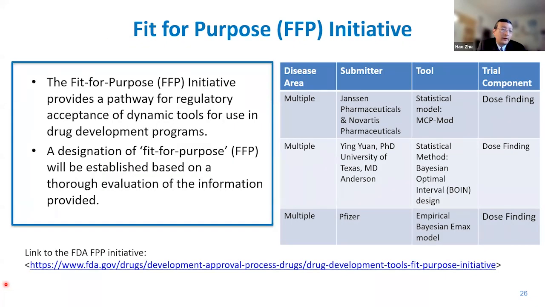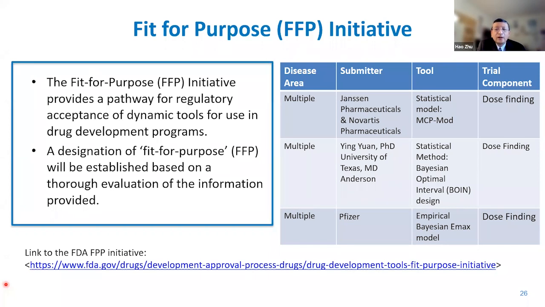Well, let's start with the Fit for Purpose program. This program is intended to provide a pathway for regulatory acceptance of modeling tools that may be useful for different drug development programs, sharing some common features. An applicant may submit the modeling tools, the supporting documents, and the data.